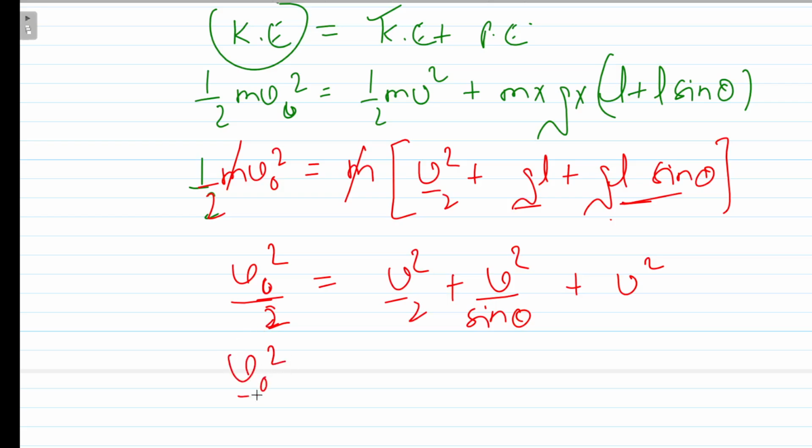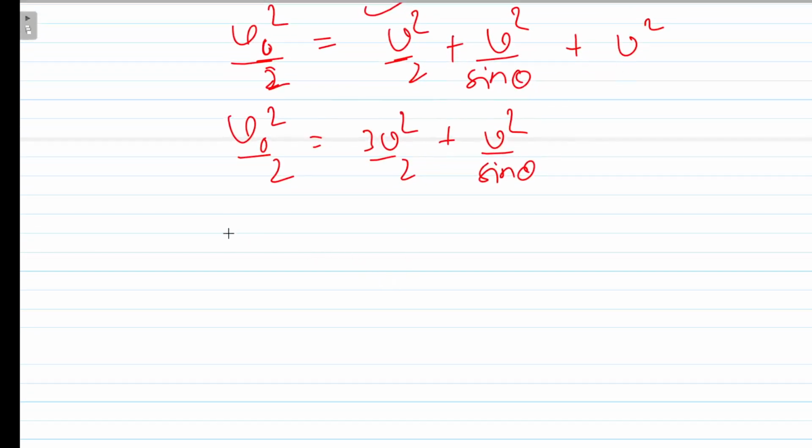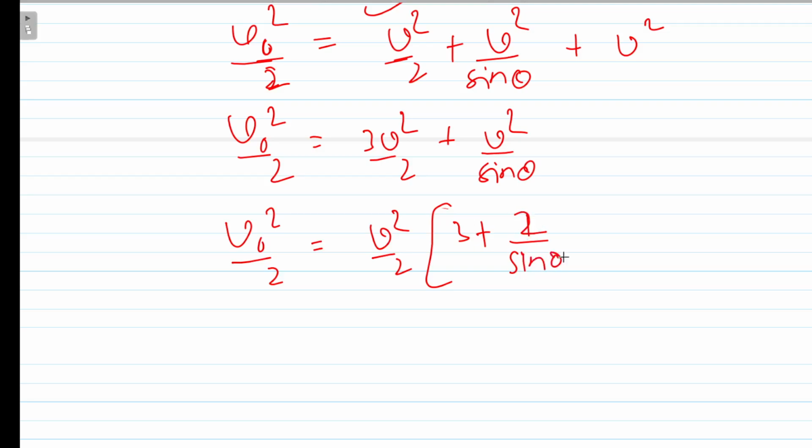Okay, so v naught square by 2 is equal to v square by 2 plus v square is 3v square by 2 plus v square by sin theta. And let's take common. यहाँ कॉमन मैं लेता हूँ v square by 2 कॉमन ले लिया, तो बच गया 3 plus 2 by sin theta.